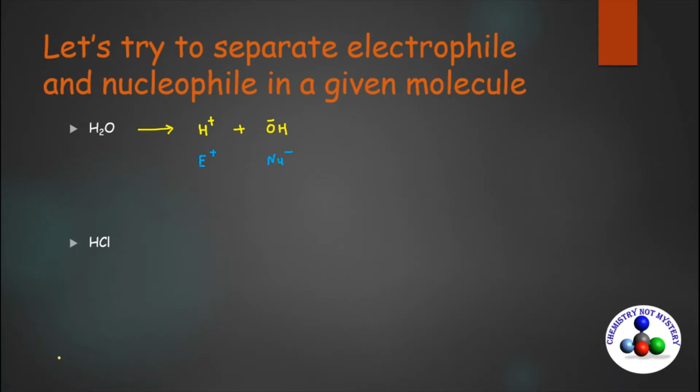H+ is an electrophile while Cl- is a nucleophile. HBr can be split into H+ and Br-. H+ is an electrophile and Br- is a nucleophile.